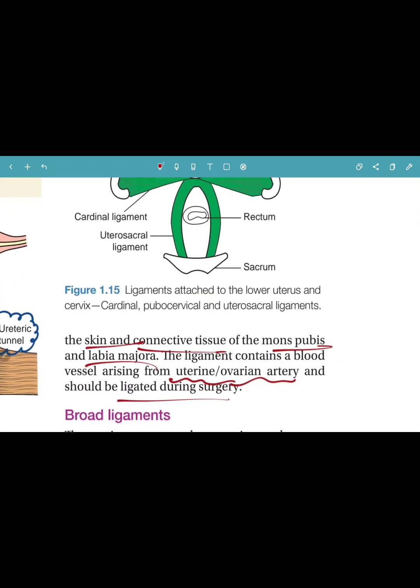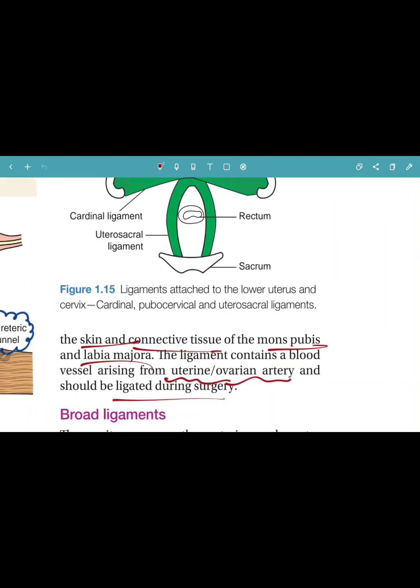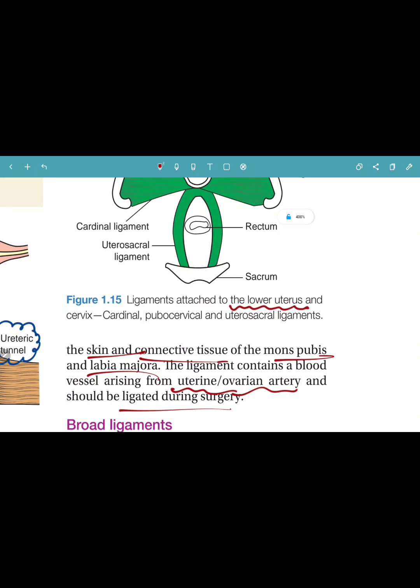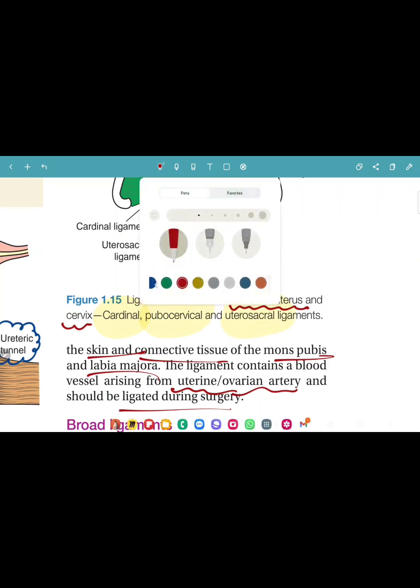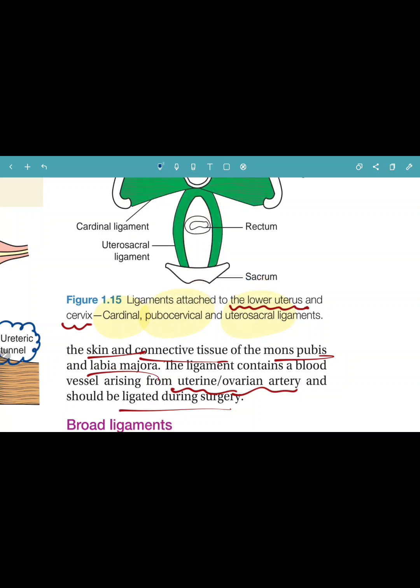All these three ligaments, cardinal ligament, pubocervical ligament and uterosacral ligament, are attached to the lower uterus as well as the cervix, and that is why all these three together are known as triradiate ligaments.